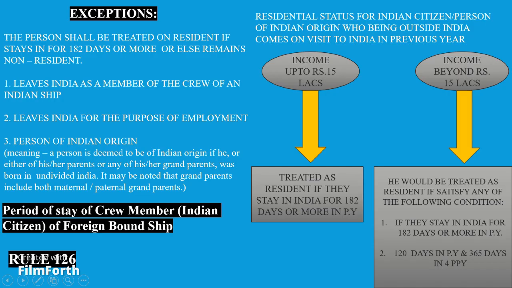Indian citizen who leaves India as a member of the crew of an Indian ship. Indian citizen who leaves India for the purpose of employment outside India. Or Indian citizen or person of Indian origin engaged outside India coming on a visit to India.